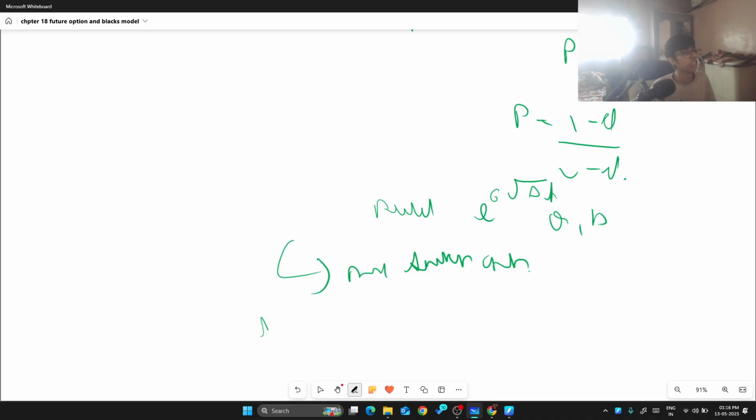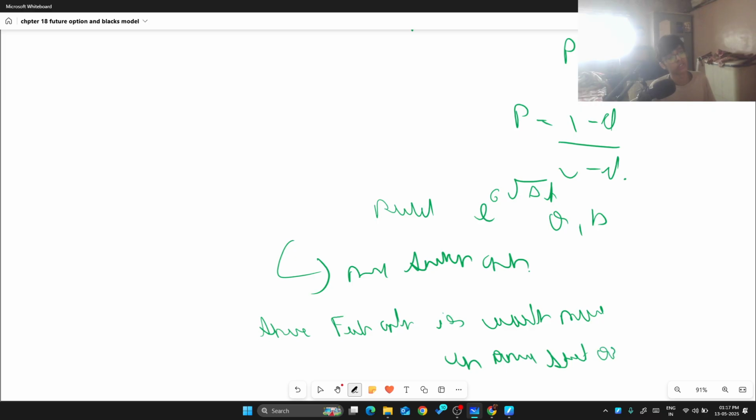And the American futures option is worth more than an American spot option on that asset because of early exercise. The thing is, if we exercise early, let's say in between, the future price, our payoff from this is more, right?